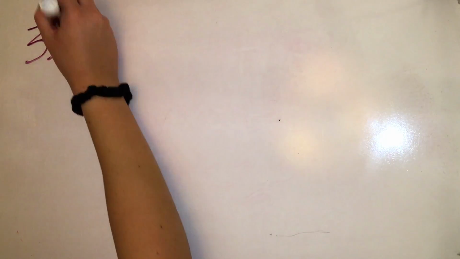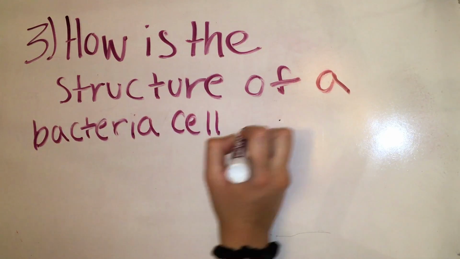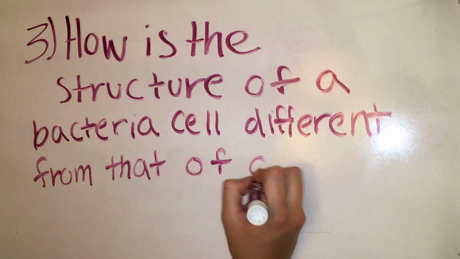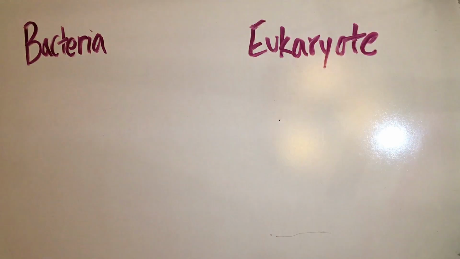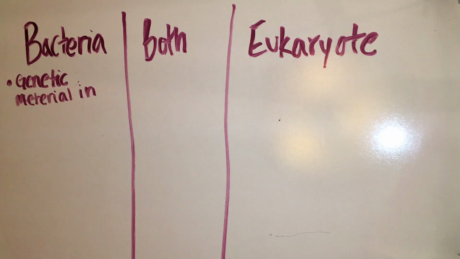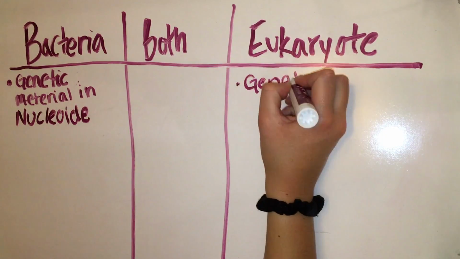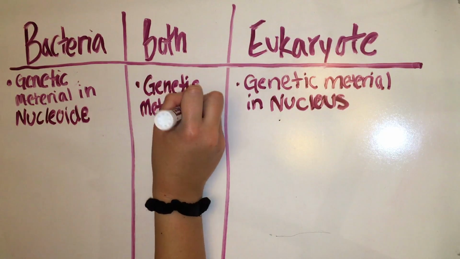That's a eukaryotic cell. But what's important is how the structures of a bacterial cell differ from the structures of a eukaryotic cell. Let's make a Venn diagram. Bacteria carries the genetic material in the nucleoid, while a eukaryotic cell carries its genetic material in a nucleus, which has a membrane.